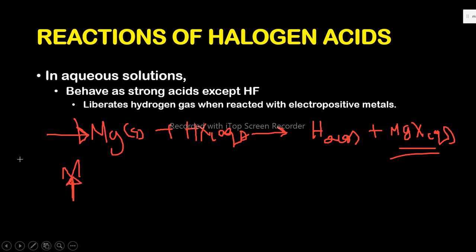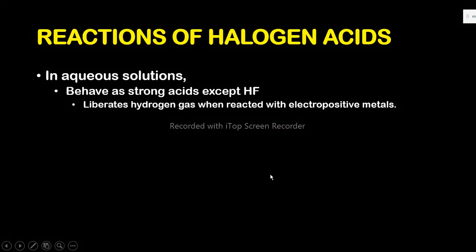Metals that are above hydrogen in the reactivity series, in the electrochemical series. Otherwise, if it is lower than hydrogen, for example copper, it won't be able to displace this hydrogen from its halogen acid. Is that okay? That's brilliant.